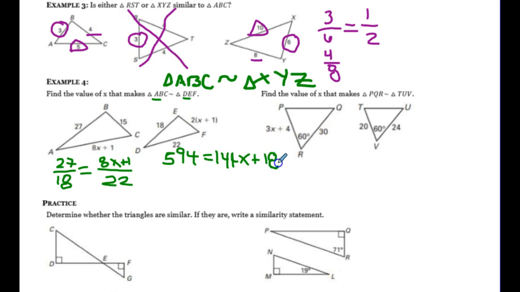Because I had to multiply the 18 by the 8x and by the 1. And now it's just simply solving this one or two-step equation. So 594 minus 18 gives me 576, and I divide everything by 144, and I get that x must be 4. So in order for these triangles to be similar, x must be 4.